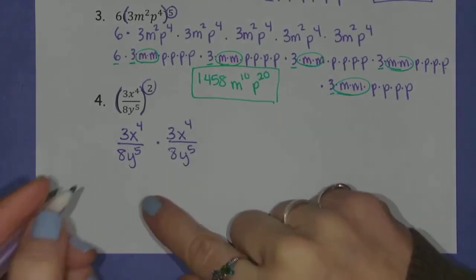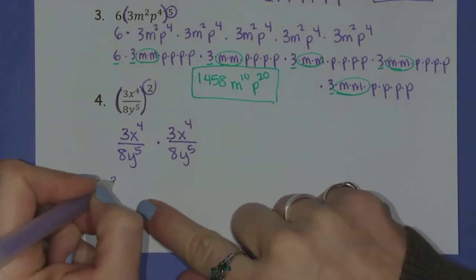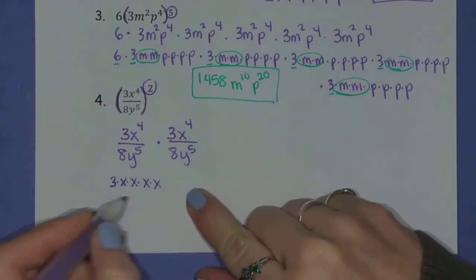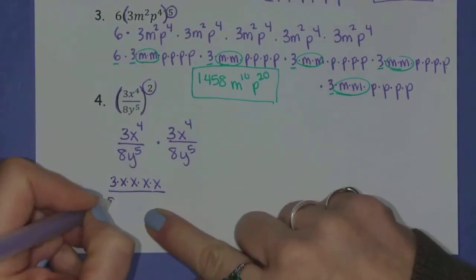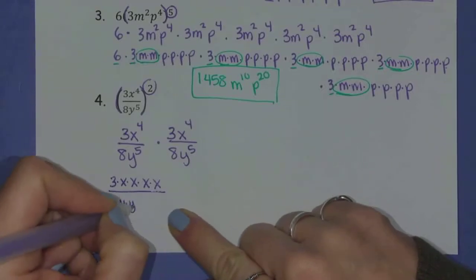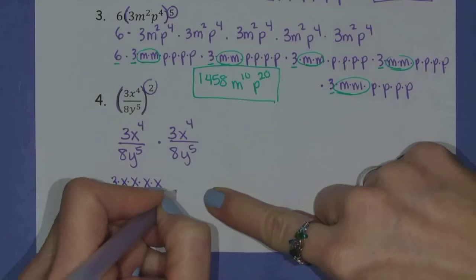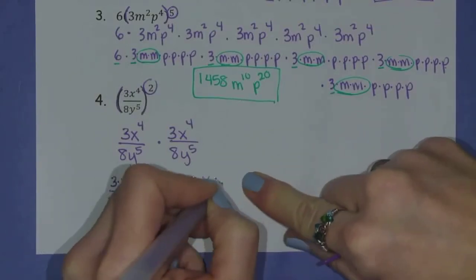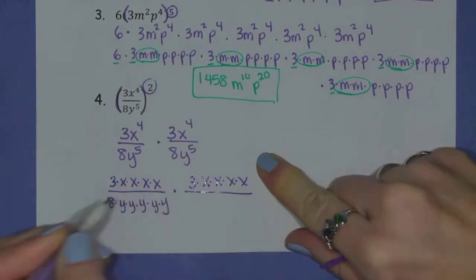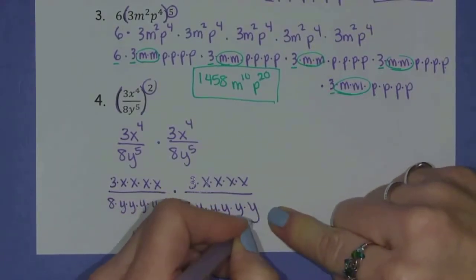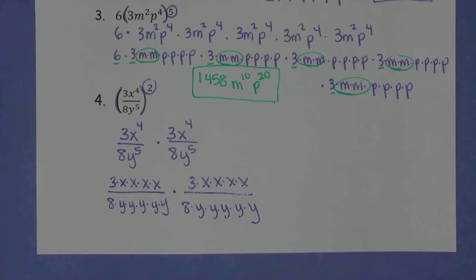Now I'm going to keep going. On top here, I've got a 3 times 1, 2, 3, 4 x's over an 8 times 5 y's. And I'll do it all over again, and also with the 8 and the y's. So I broke it down, and now I'm ready to build it back up.